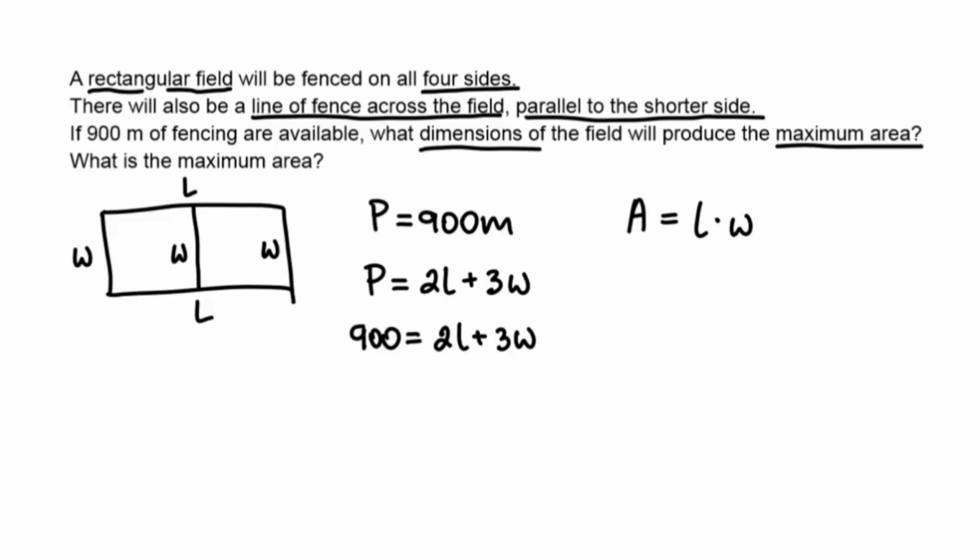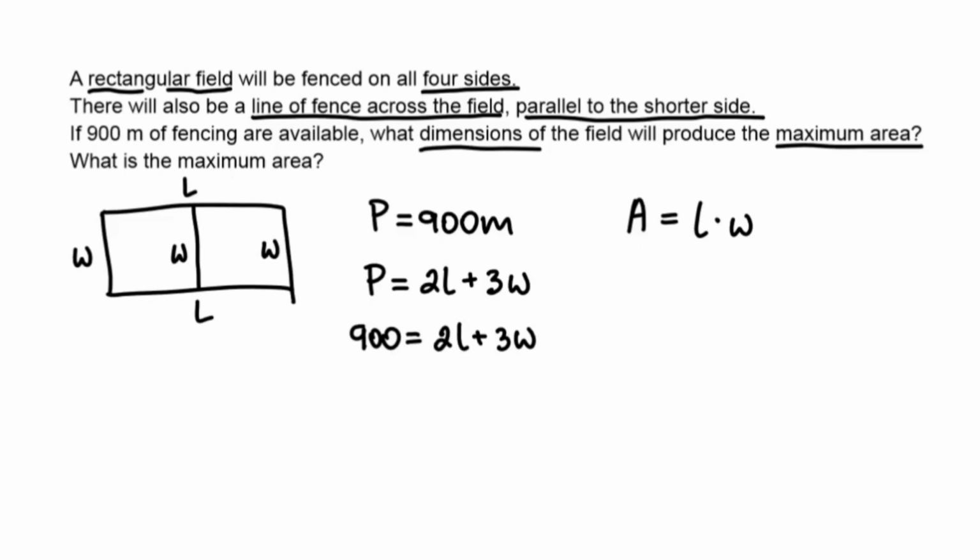Now, in both of these equations, we have 2 variables that are unknown, and it's difficult to solve equations with 2 variables. So I'm going to try and express one variable in terms of the other from the perimeter equation. And then I'm going to substitute the expression for that variable into the other equation for the area.